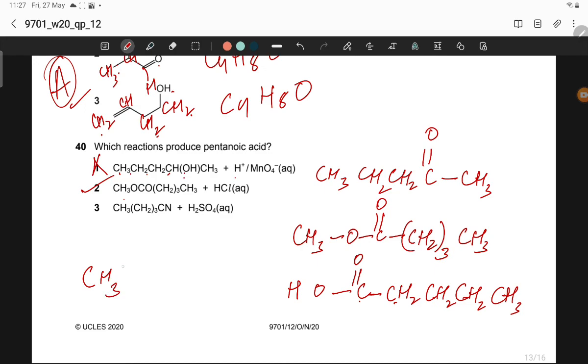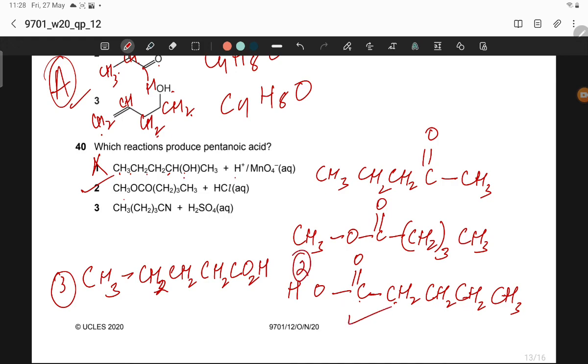This is also hydrolyzed to form pentanoic acid. CH3, CH2, CH2, CH2, CO2H. This is statement 3 and this is 2. So this is also correct. B option, C option is the correct option.